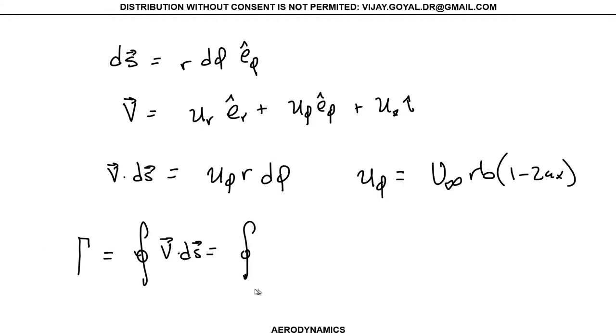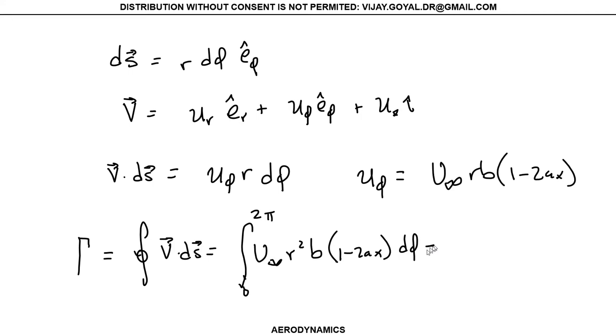And as we go around the loop, the integral goes from 0 to 2 pi of U infinite r squared b (1 minus 2ax) d phi. If you do this integration, you find this is equal to 2 pi U infinite r squared b (1 minus 2ax).